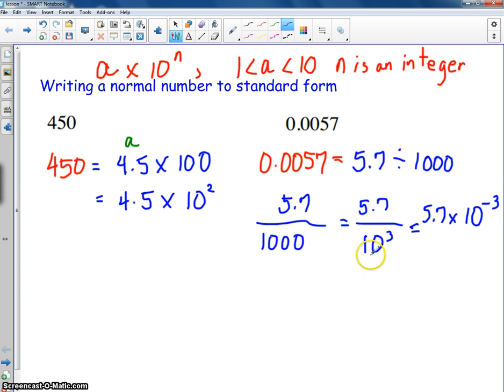Remember that when you move it from the denominator, you must change the sign. This is a positive 3, and this should now be a negative 3.